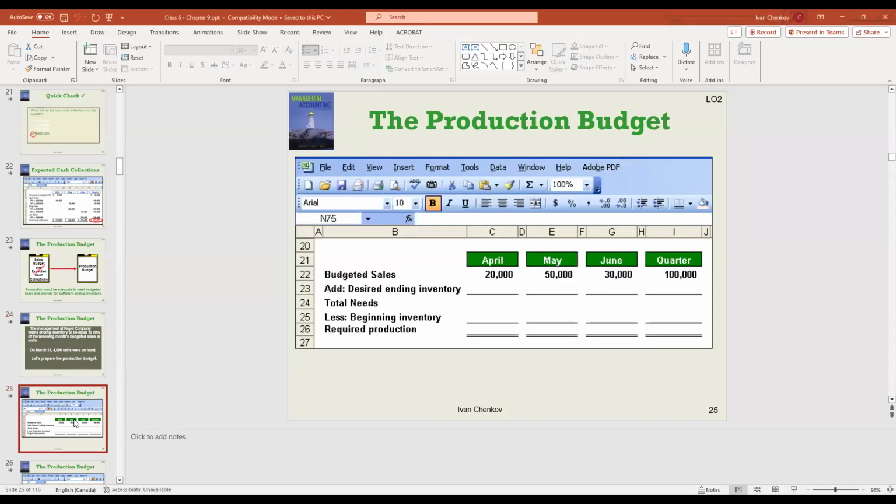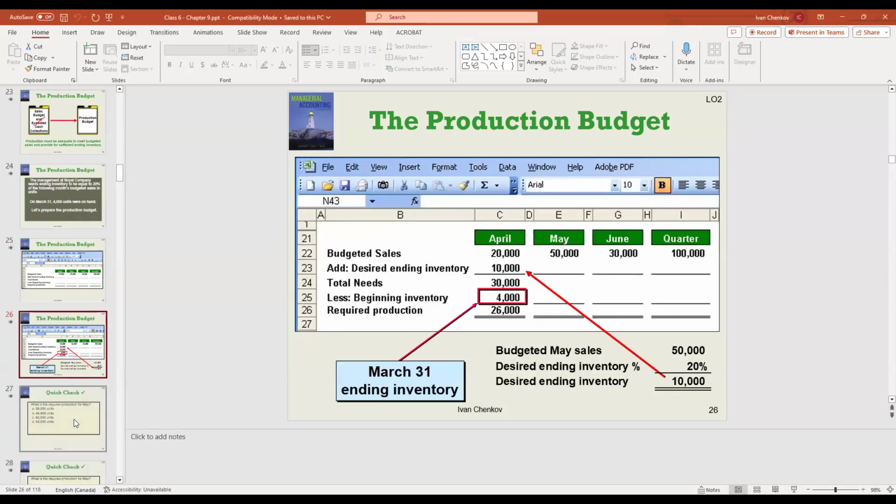Again, we're starting with the sales. We're adding the inventory that we want to have, 20% of the next month's sales, and we're getting how many we need. We're deducting the beginning balance, which in this case is from the previous quarter, 4,000. And we get what we need to produce.